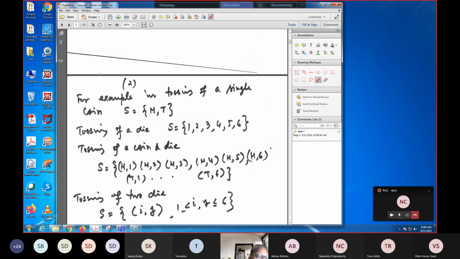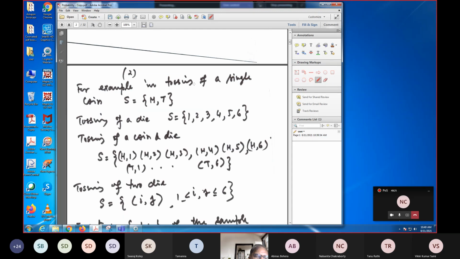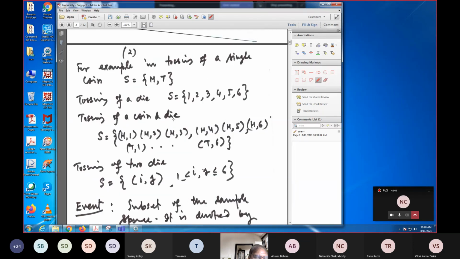For example, when we toss a single coin, we have head and tail. This is the sample space. Toss a die, we put all the outcomes together, 1, 2, 3, 4, 5, 6, and it becomes the sample space. Tossing a coin and a die, we put all the 12 possible outcomes together, and it becomes the sample space.